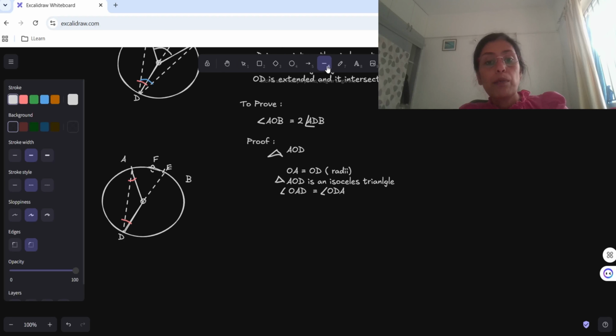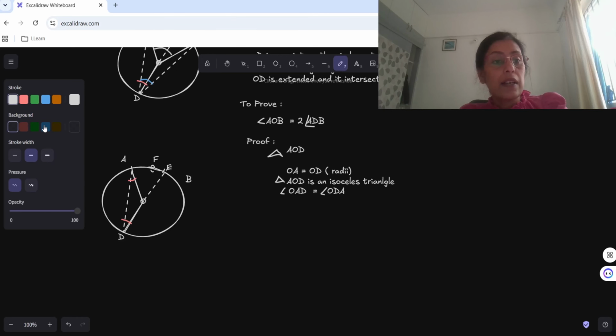Another point that we will see here is this angle. Now this angle is the exterior angle of the triangle. Angle AOE is the exterior angle of the triangle.